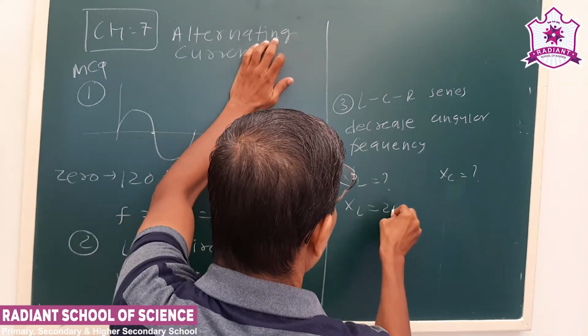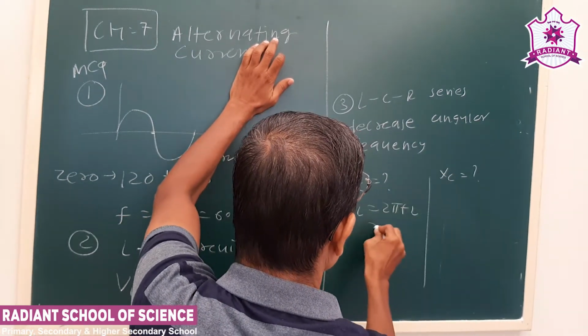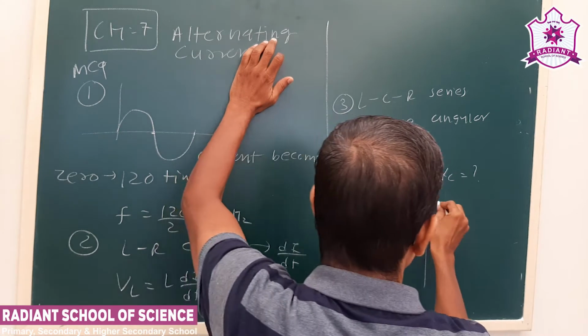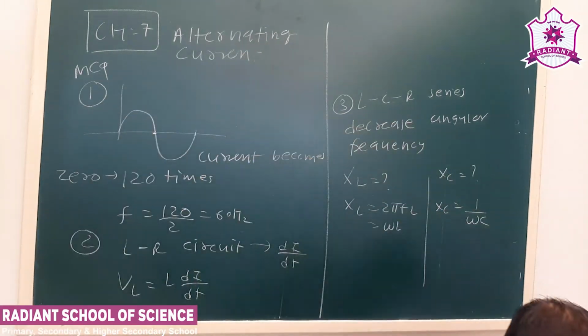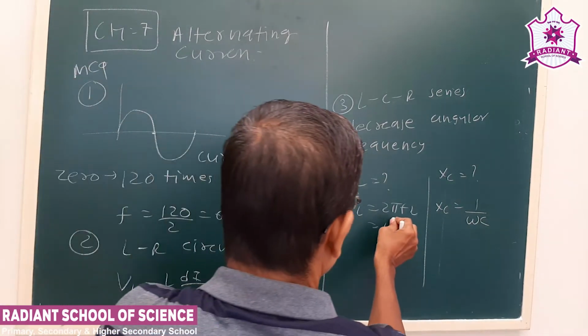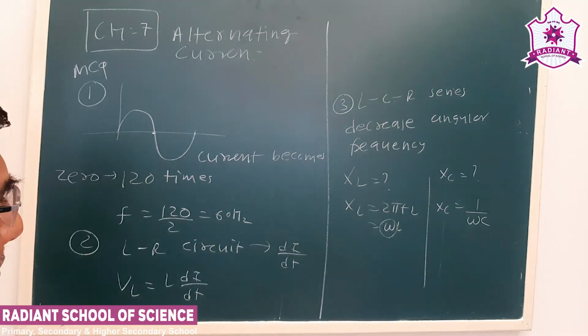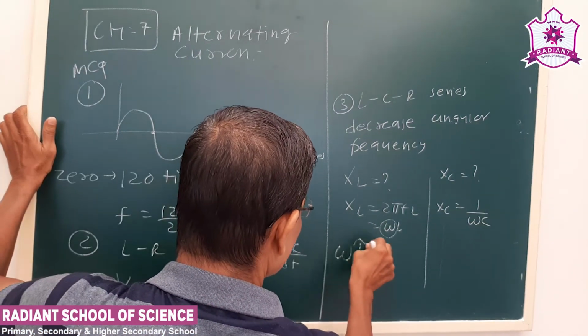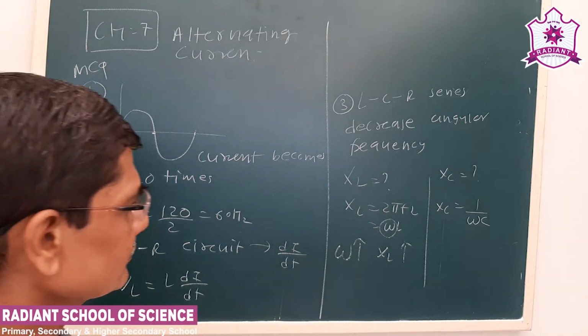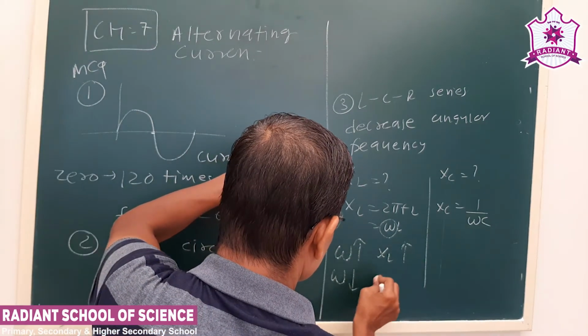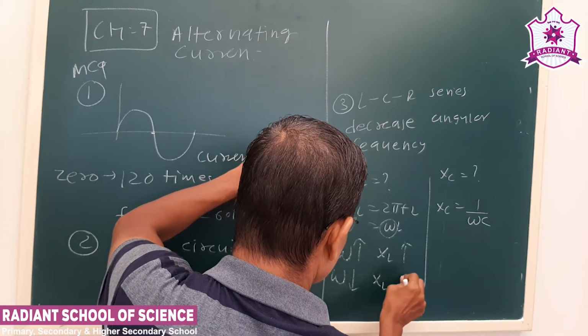XL is 2 pi FL, that is omega L. XC is 1 upon omega C. So we can see that the inductive reactance is directly proportional to angular frequency. So if omega increases, XL also will increase.